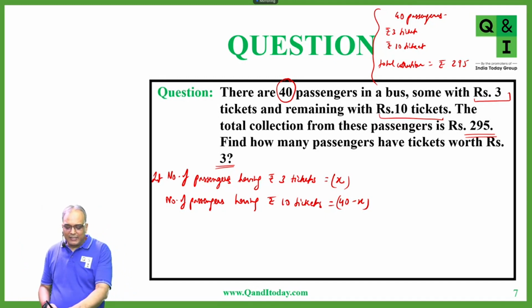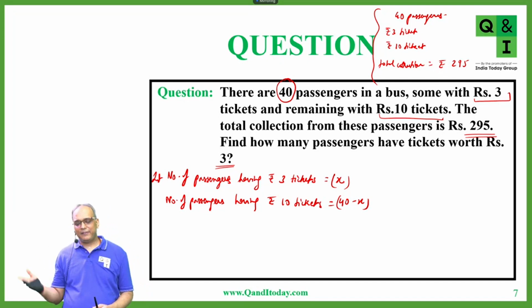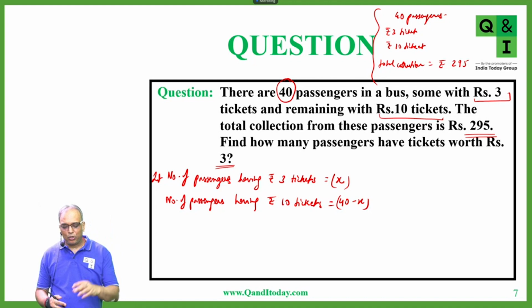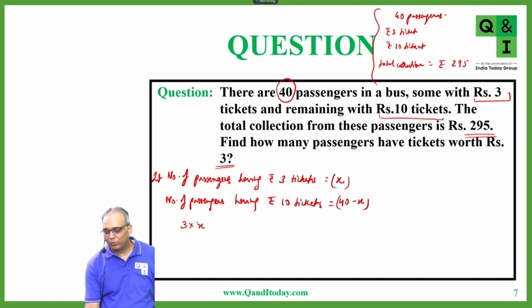Now, a similar case is here. There are 3 rupee tickets and 10 rupee tickets which the conductor has sold. Because x passengers bought the 3 rupee ticket, the amount the conductor got from them is 3 into x.